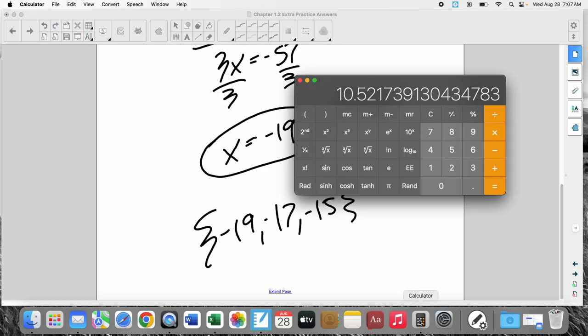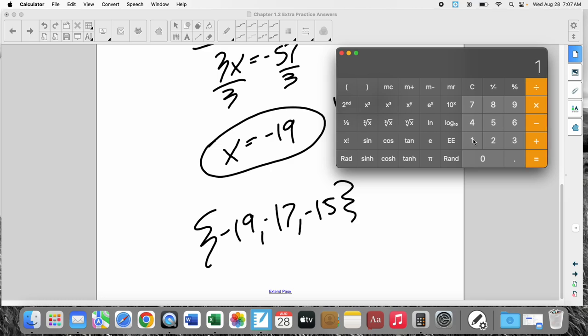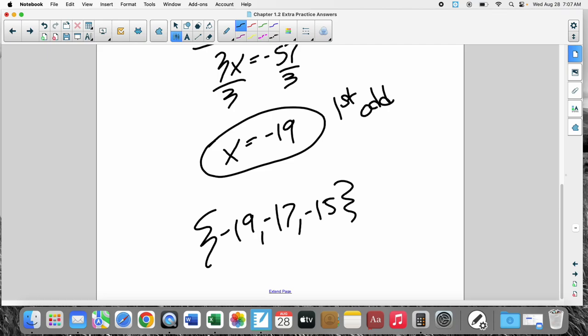If I add those together, negative 19 plus negative 17 plus negative 15 equals negative 51. Pretty cool, right?